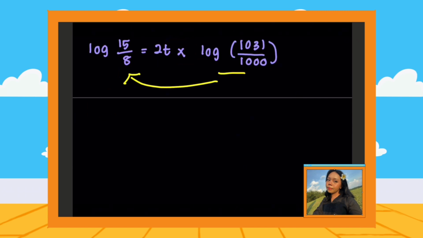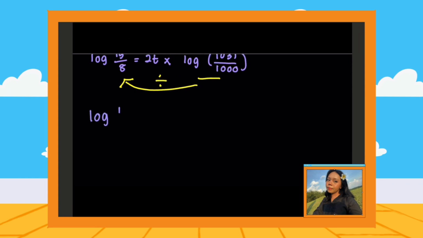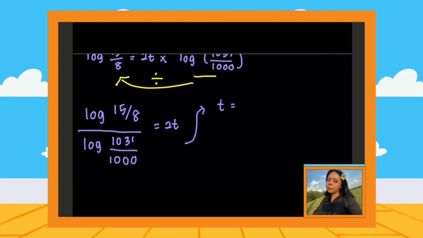Since we are solving for t, we need to leave 2t alone on one side. So we bring the log 1031 over 1000 to the other side. After solving that, we need to bring the 2 to the other side to divide it. Now the final answer will be 10.3 years for the T.